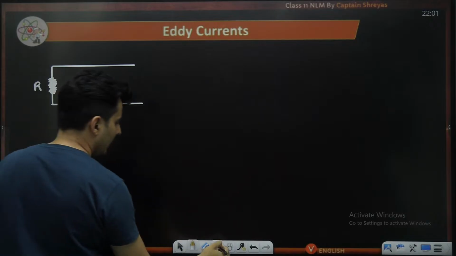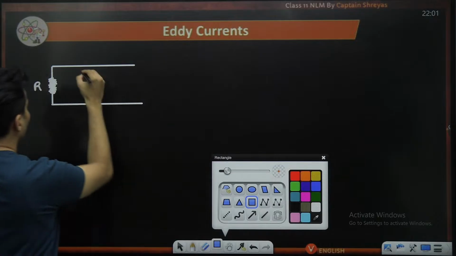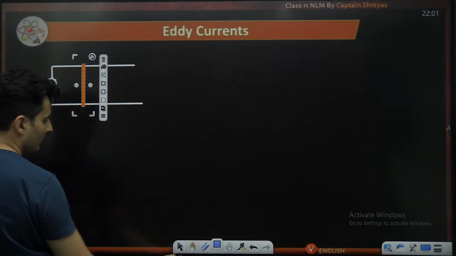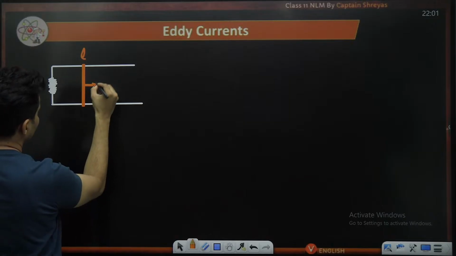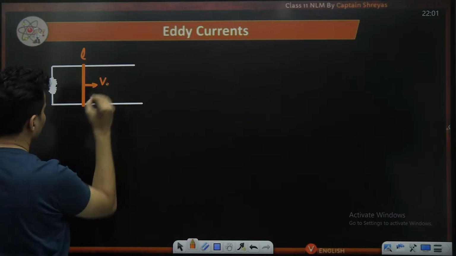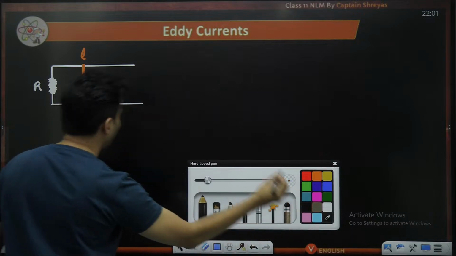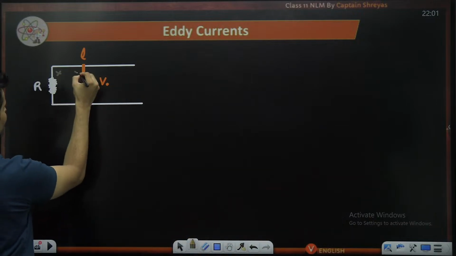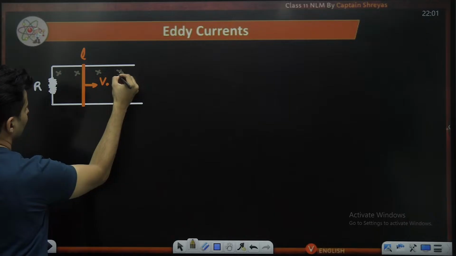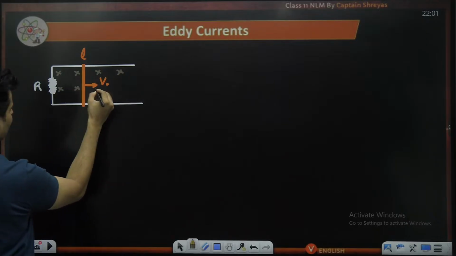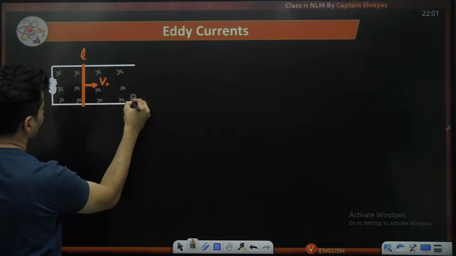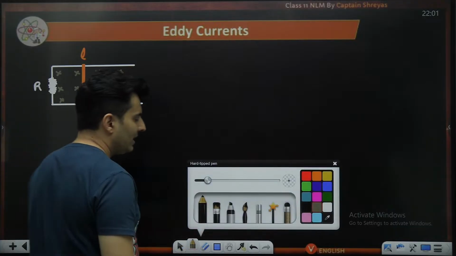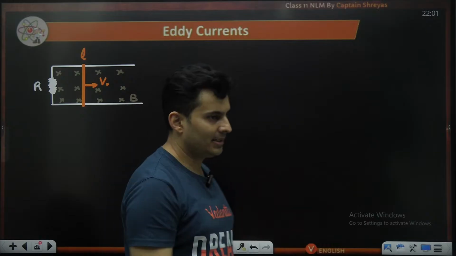Okay. And there is a rod like this of certain length, and I give it some velocity, let's say V naught, and there is some magnetic field which is there everywhere. You give it that velocity and you leave it.